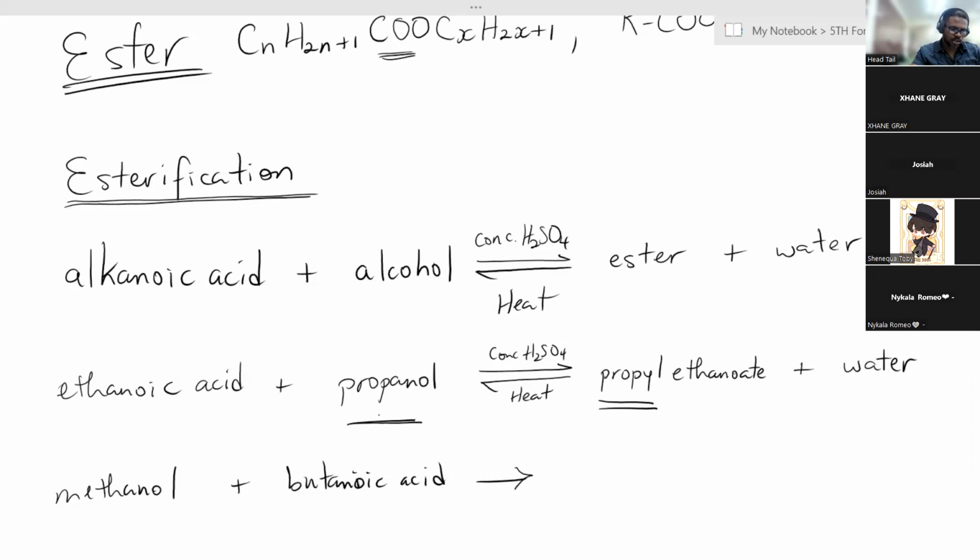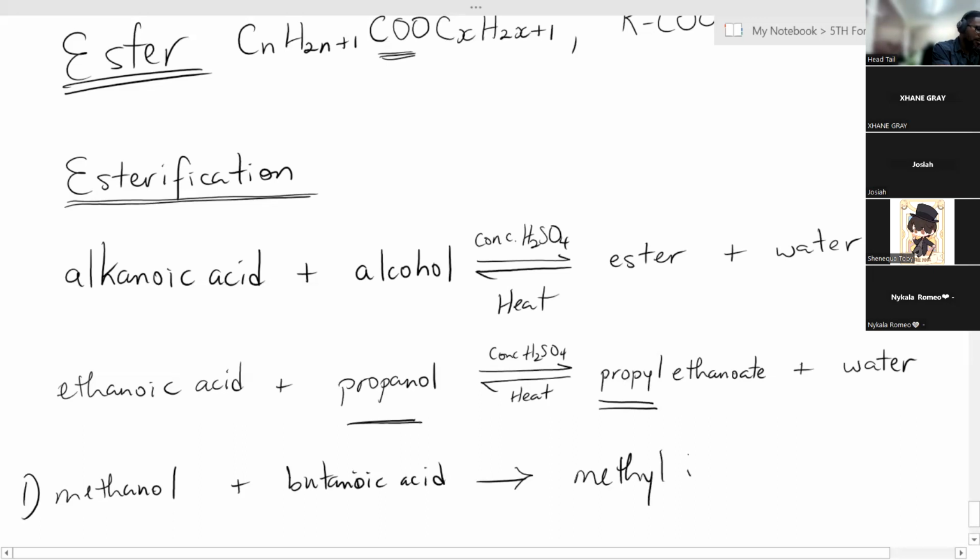So the alcohol takes that first name, right? Right, Josiah? So what is the alcohol in your example? Methyl butanoate. So methyl butanoate would be the answer. So you fully understand now, right? Yes, sir. All right. So methyl butanoate.